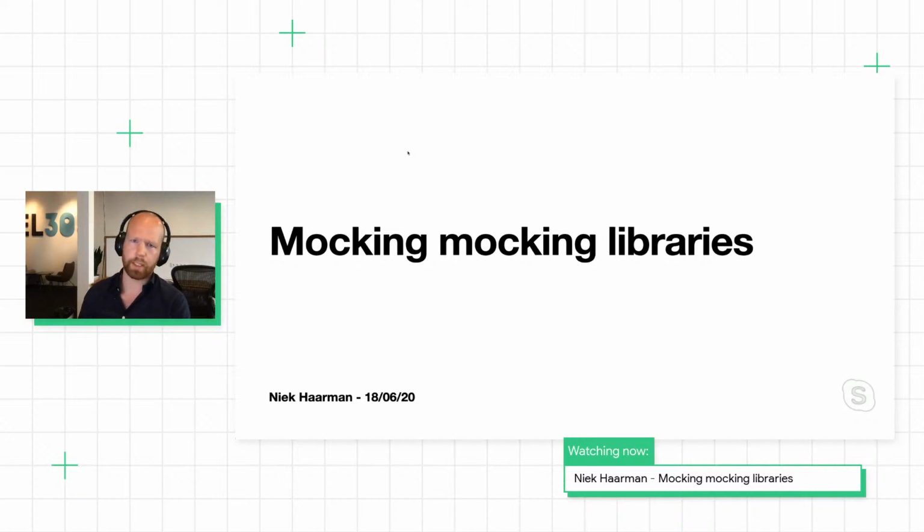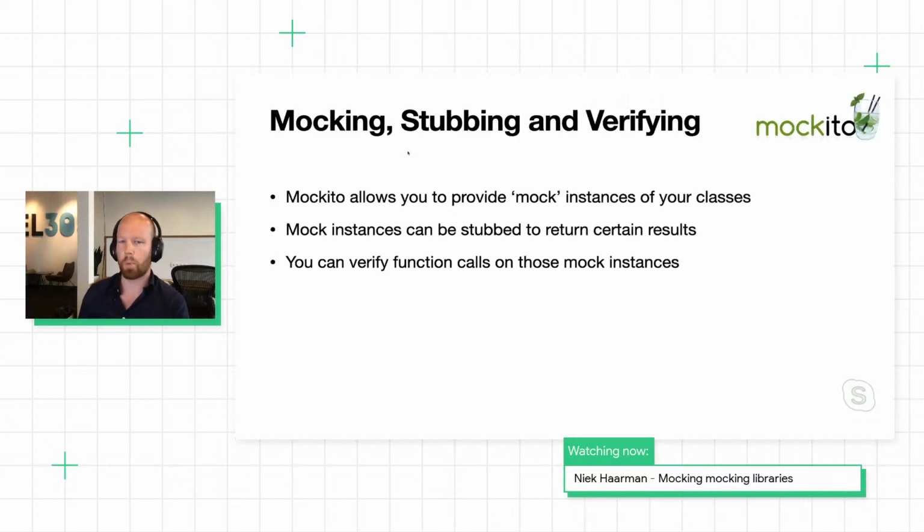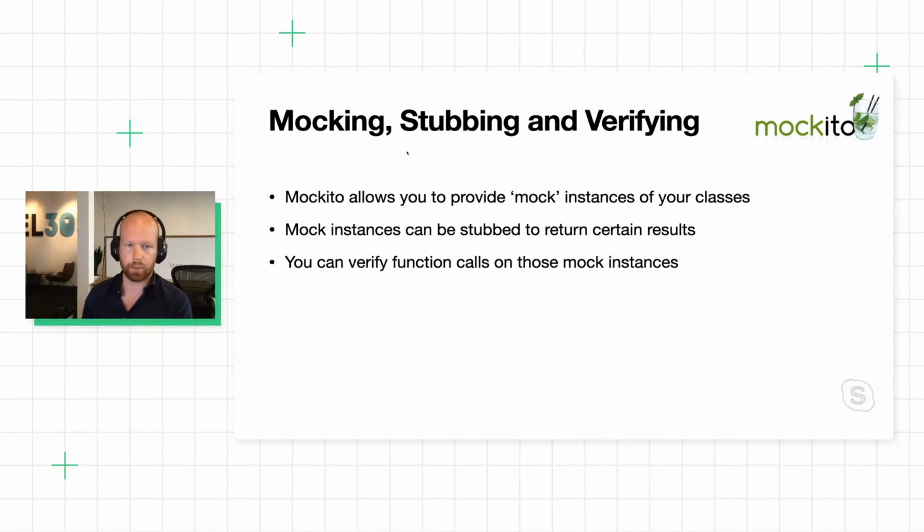So let's first dig into a bit of what Mockito allows you to do. This will be a very short overview. Basically, Mockito allows you to provide mock instances of your classes. So instead of having to implement fakes yourself, you can call a mock method, and the Mockito library will do some bytecode tricks to let your code think you have an actual instance of your class.